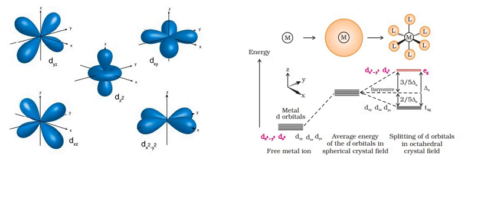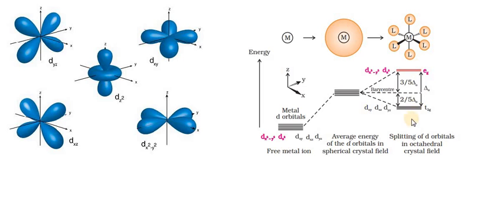Thus, the degeneracy of the d orbitals has been removed due to ligand electron and metal electron repulsion in the octahedral complex, to yield three orbitals of lower energy, that is the t2g set, and two orbitals of higher energy, the eg set.